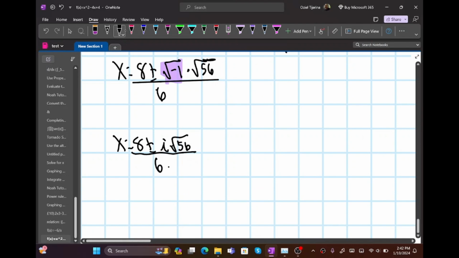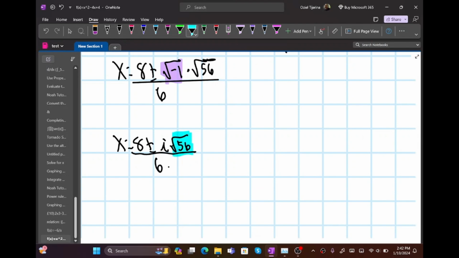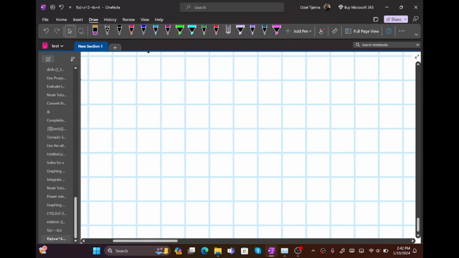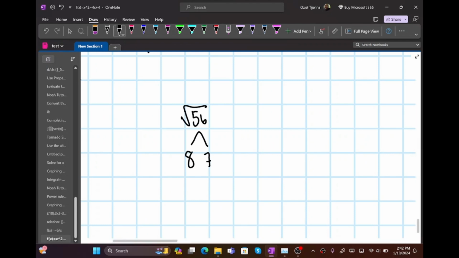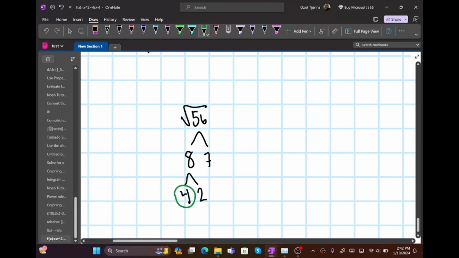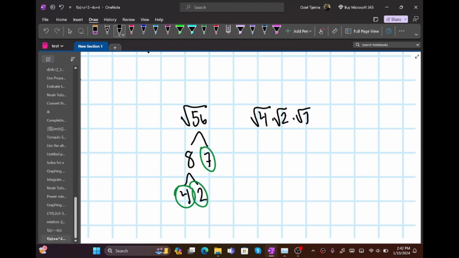And then this part we need to simplify, so we want to make sure we understand how to simplify radicals. 56 is 8 and 7, and 8 is 4 and 2. So we want the square root of 4 times the square root of 2 times the square root of 7.